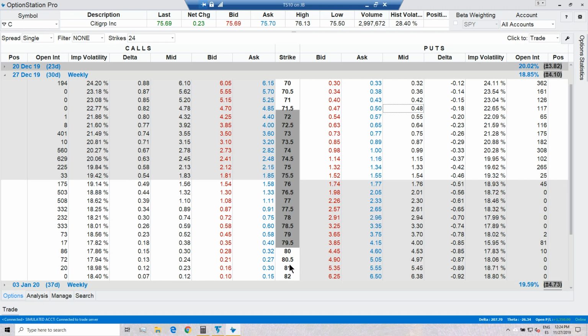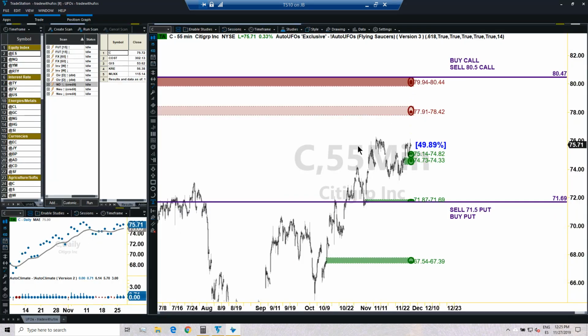Okay, so I'll try just to make it equal and produce an iron condor instead of a broken wing iron condor, which is how it would technically be known. My first attempt to make this trade work would be to use a $0.5 difference, and therefore I'm going to go ahead and use the 81 call above, which is 0.5 above 80.5, and then I will use a 71 put below, which is 0.5 less than 71.5.